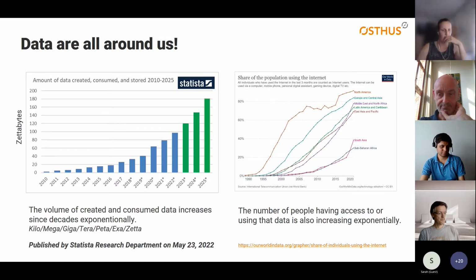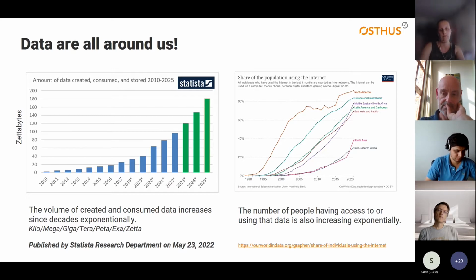So these are the people that used the internet in the last 3 months, so 80% and more. But especially East Asia Pacific, Sub-Saharan Africa, and South Asia, for example, there's still a lot of potential for growth. So you see, it's getting more and more important. But yeah, you're probably aware of that.